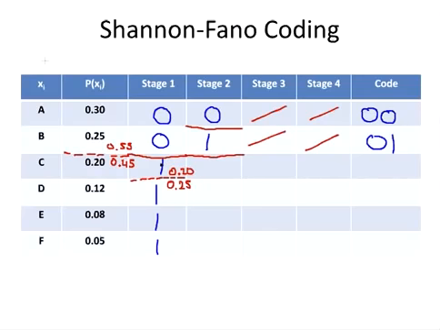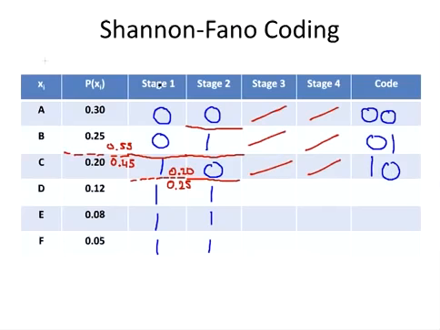If you try a few different combinations, you'll find that that's as close as you can get to equal probability between the 2 subgroups. So everything above this partition, 0. Everything below it, 1. And again, you can see that C is now finished. It is coded as 1 and 0.